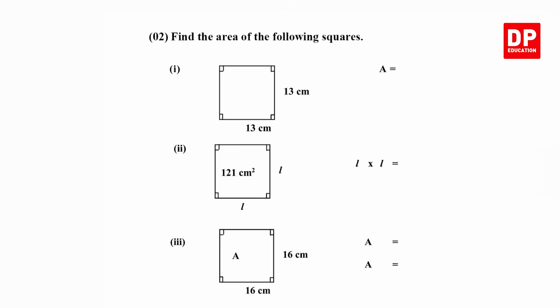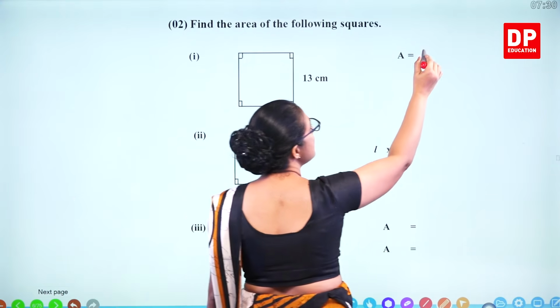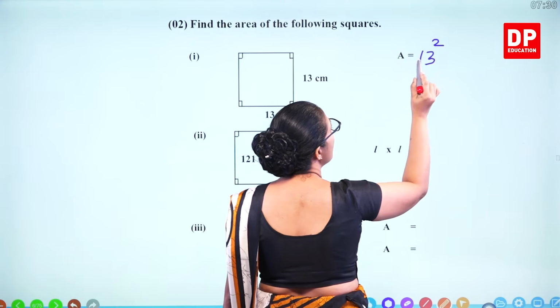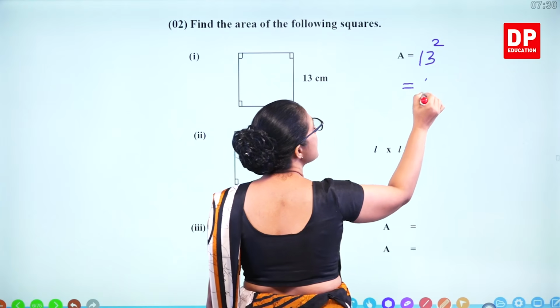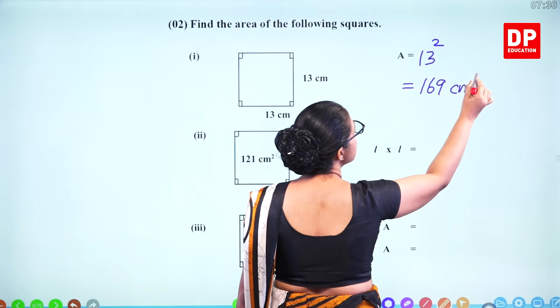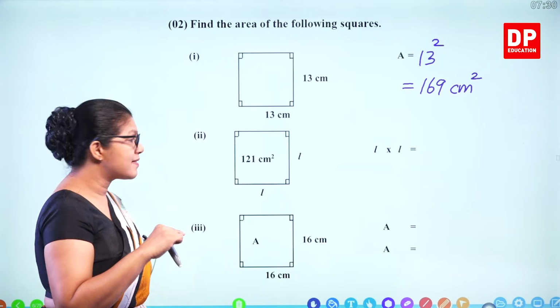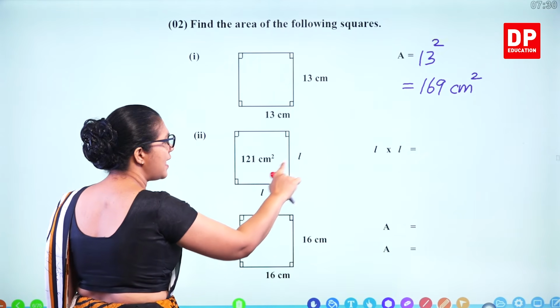Find the area of the following squares. Here 13 is the side length. So 13 times 13, or 13 square. 13 times 13 is 169 square centimeters is the unit. Now area is given. You are asked to find out the side length.